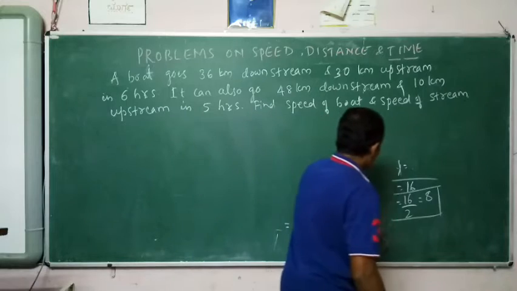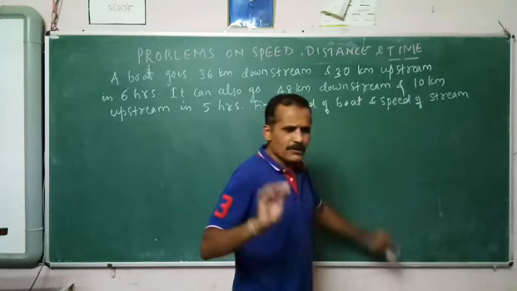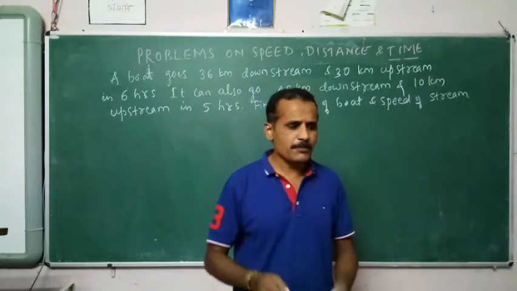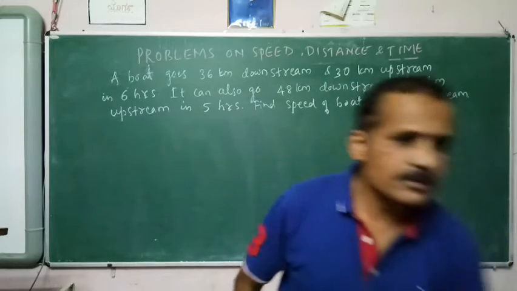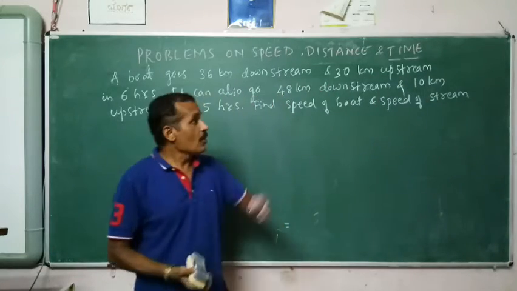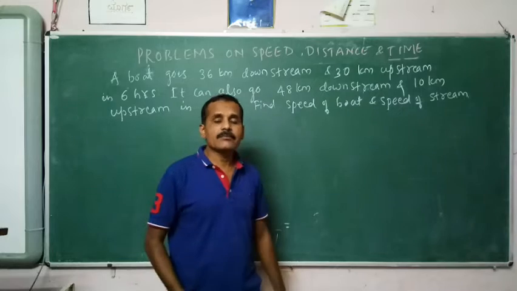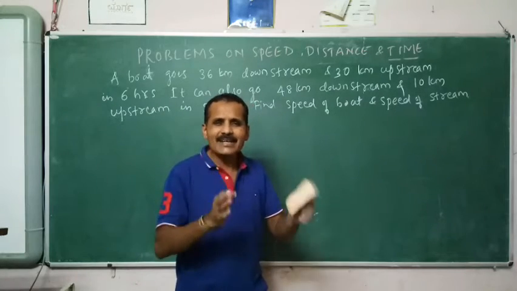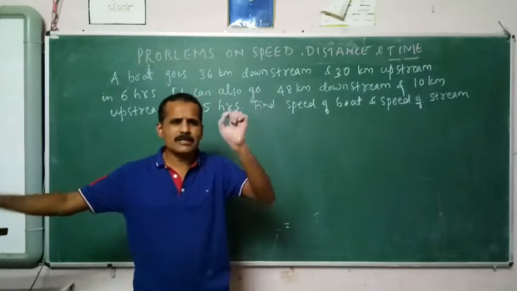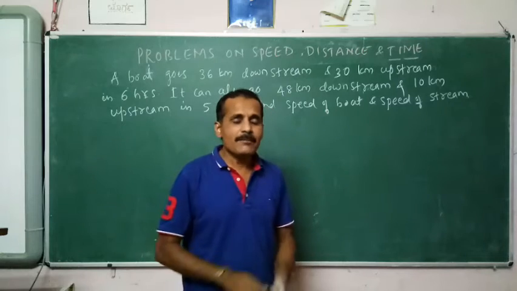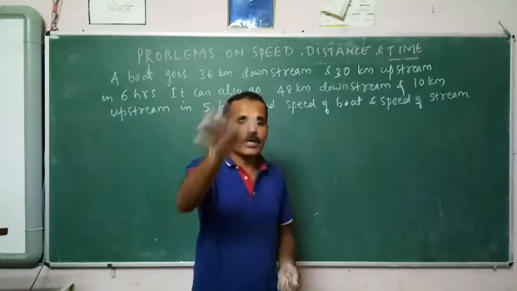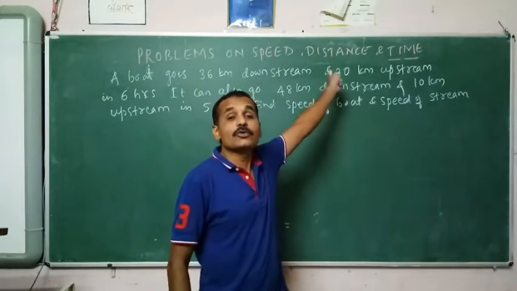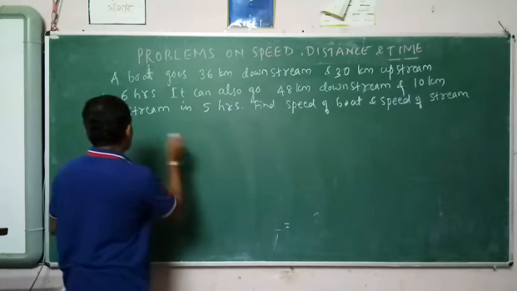Come on. Let's see. I have given the problem. You understood that this is a problem related to upstream and downstream, or speed, distance and time. Before I read the problem, once I understood it is a problem of speed, distance and time, 4 sentences I should write. Then I will start to read the problem. What are the 4 sentences?